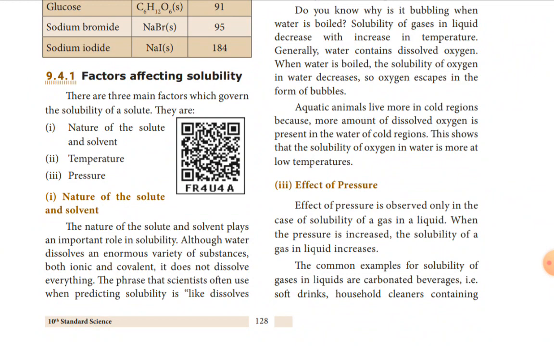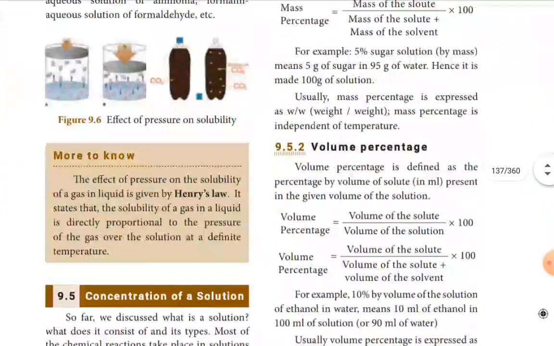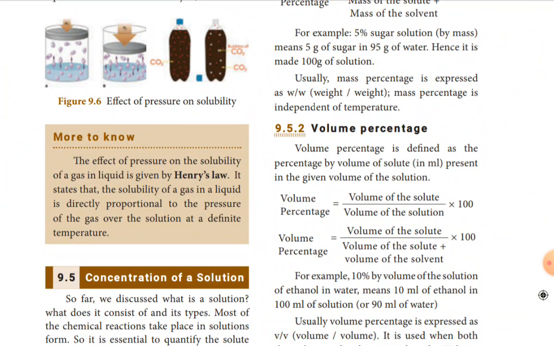Here, the effect of pressure on the solubility of a gas in a liquid: when the pressure increases, solubility also increases. So pressure is directly proportional to the solubility of gas. This was given by Henry's law.